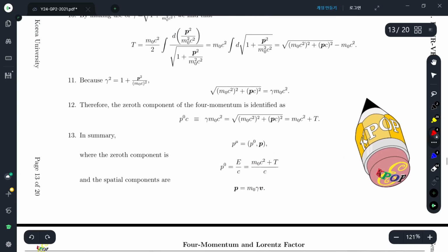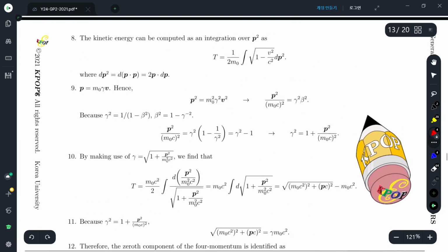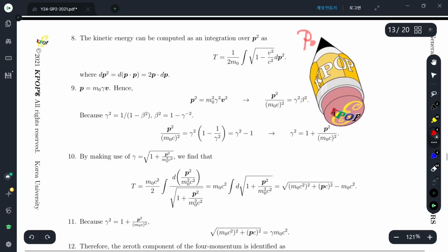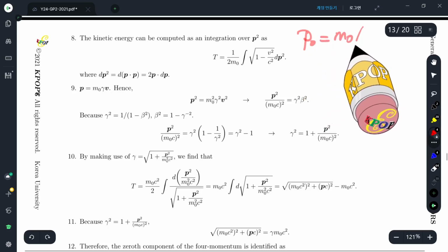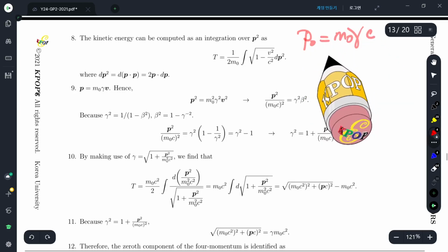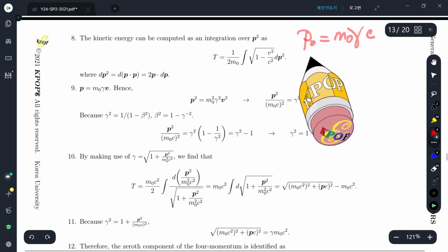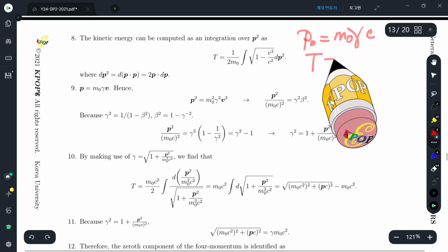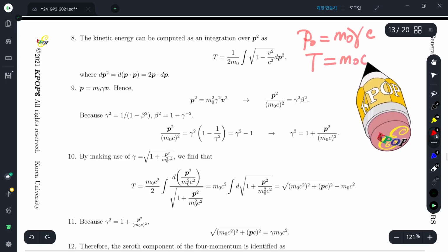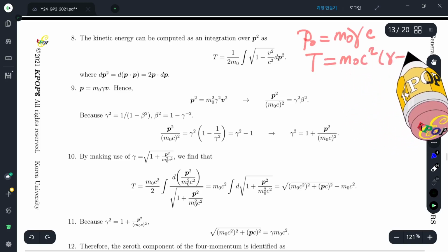But anyway, P0 is m0 gamma c. But what we just obtained is that kinetic energy is m0c squared (gamma minus 1).